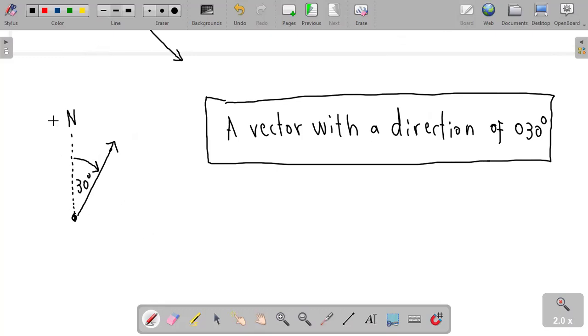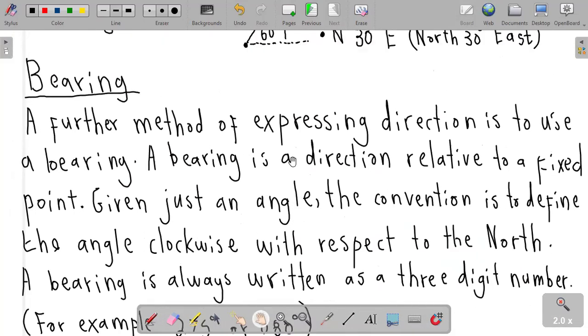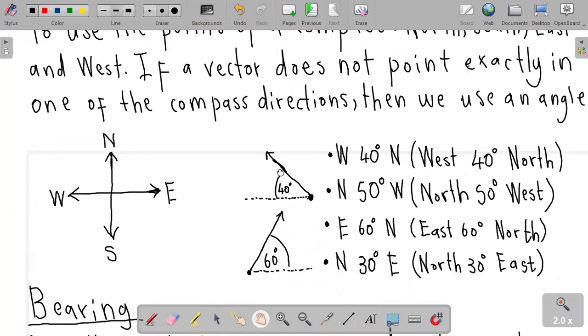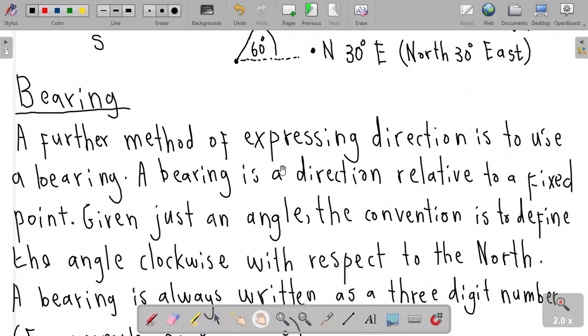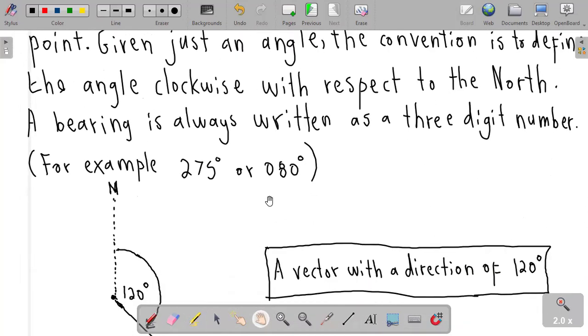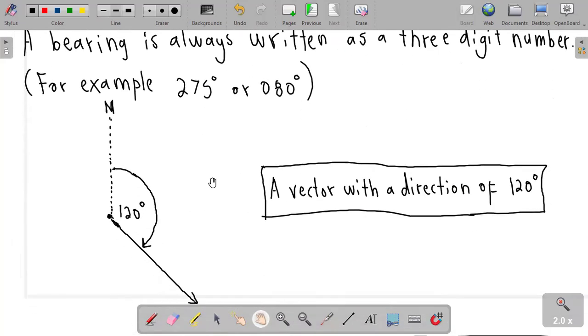We have three directions: relative direction, compass directions, and bearing. It is important to understand all of them. With bearing, you should always remember the direction starts from the north. We call it the true north.